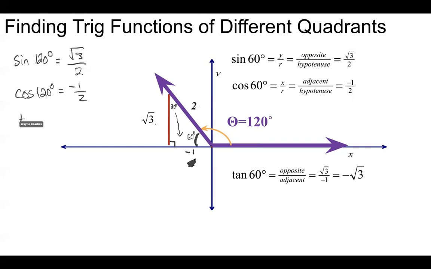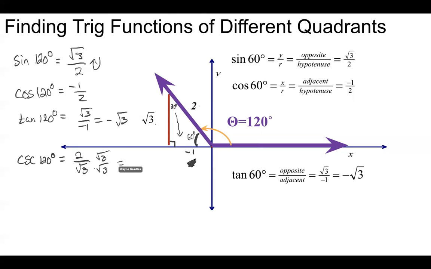And tangent of 120 is opposite over adjacent, so square root of 3 over -1, which we would call the square root of 3, negative. But if we wanted to know cosecant of 120 degrees, we'd have 2 over square root of 3. That's just this flipped over, and multiply top and bottom by square root of 3. And we get 2 square roots of 3 over 3.